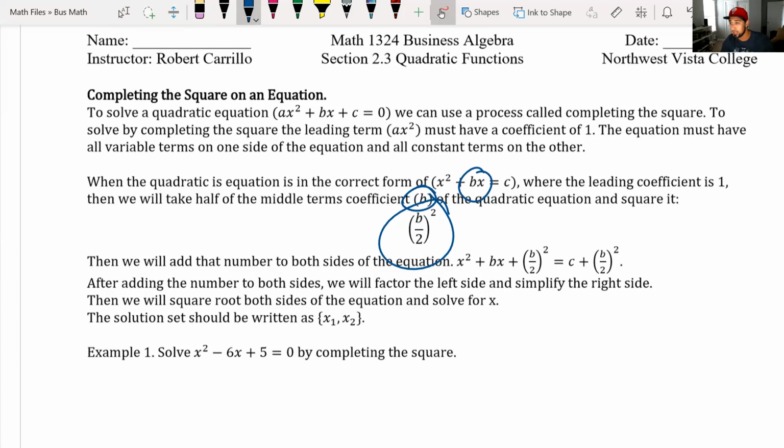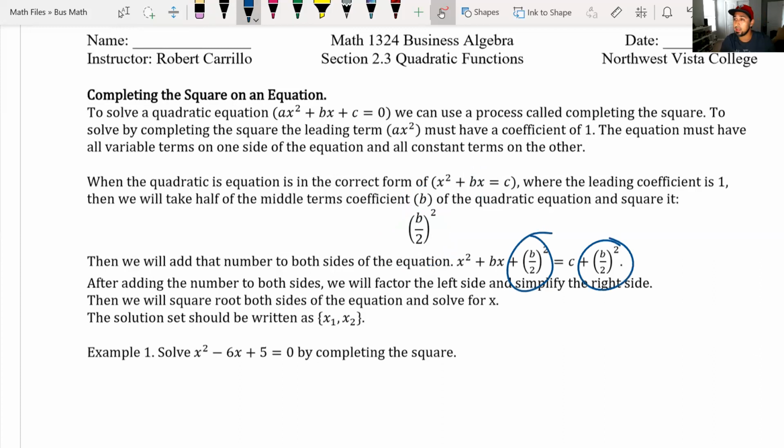We're going to take half of b and square it. After we take half of b and square it, then what we do with that number is add it to both sides of the equation.